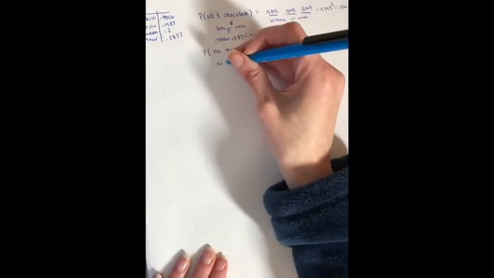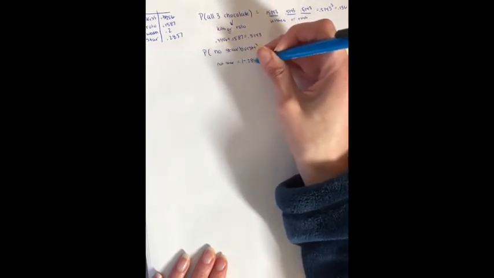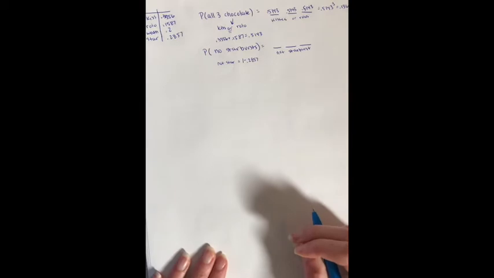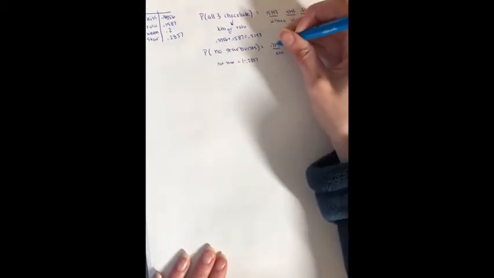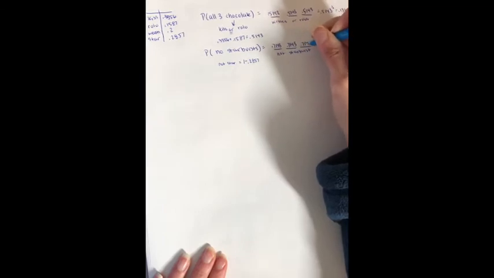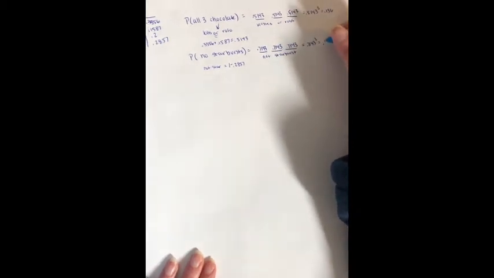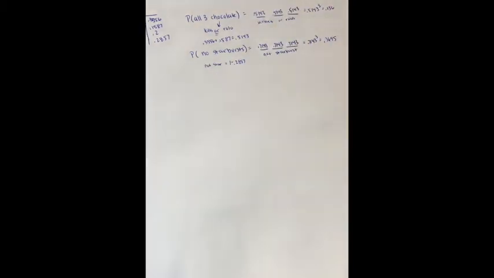Not Starburst is 1 minus 0.2857, which is 0.7143. So I'll put that up here, because I want all of them to not be Starburst. And so these are how you do these problems.